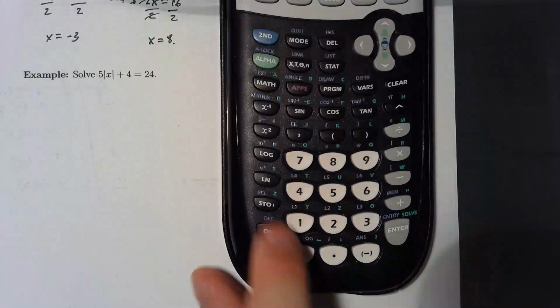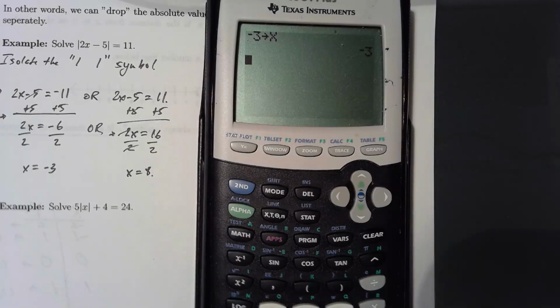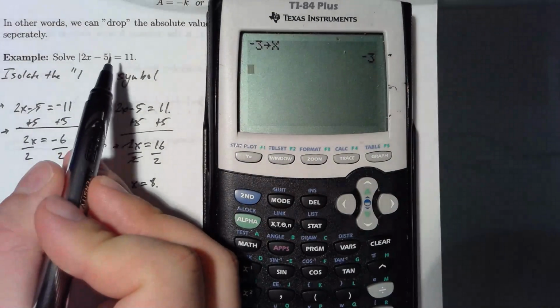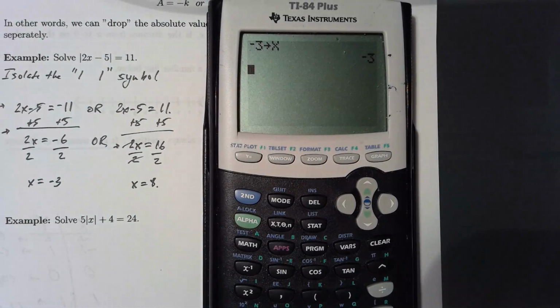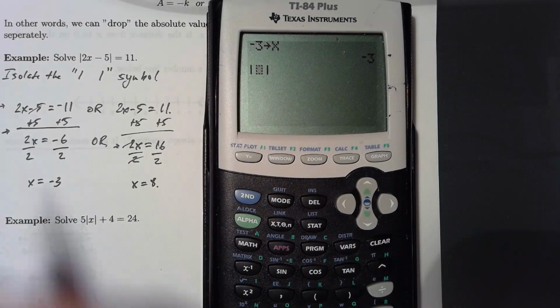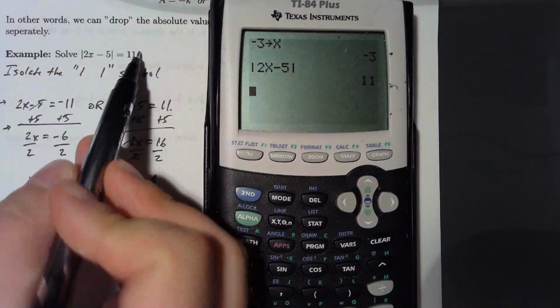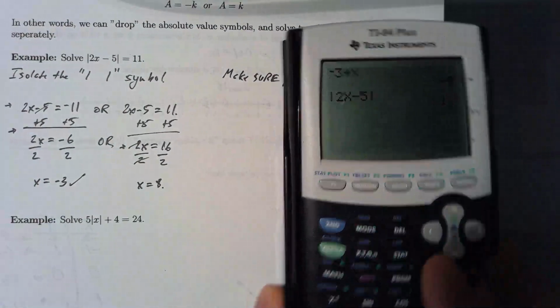Remember the store button is right here. Store into x, hit enter. Now just type in the equation and see if you get 11. So we need the absolute value: math, num, absolute value of 2x minus 5. Hit enter. I get 11. That means negative 3 works. Now let's try 8.